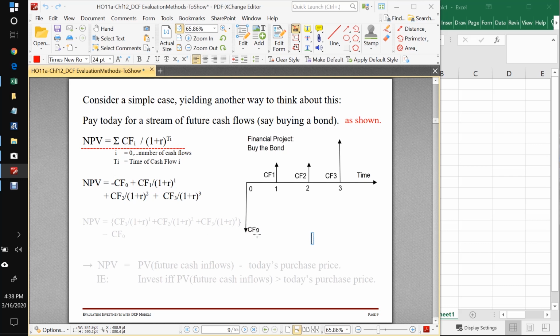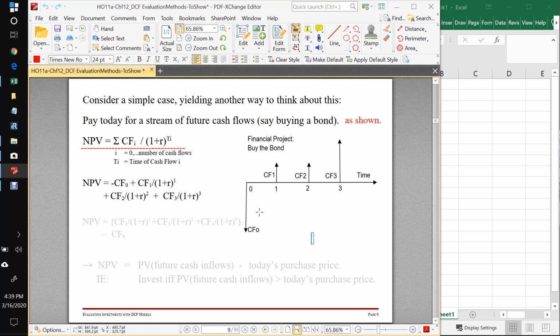Always a proper algebraic sign convention now. That's negative. That's the cash outflow that we pay to get the contract, which hopefully is going to get us these future cash flows. Okay, and then we take future cash flow 1, discount it back to its equivalent at t equals 0. Same thing with cash flow 2, same thing with cash flow 3.